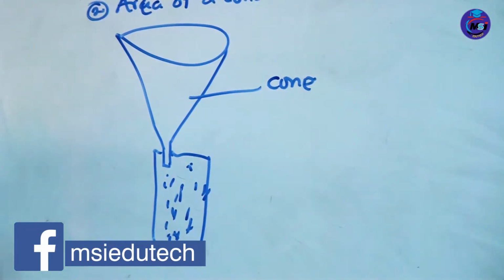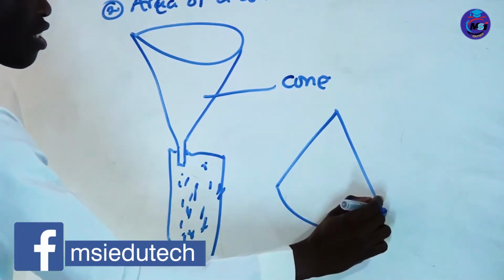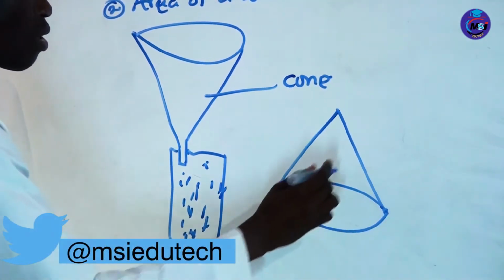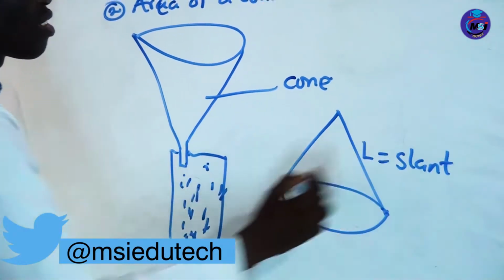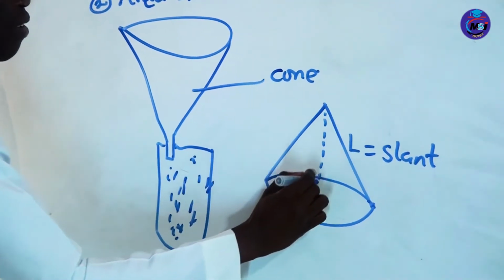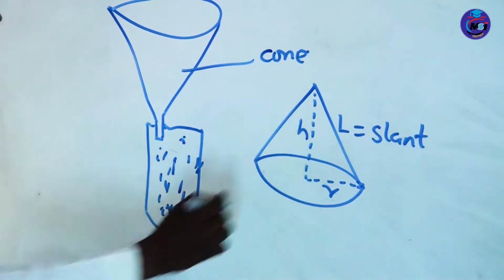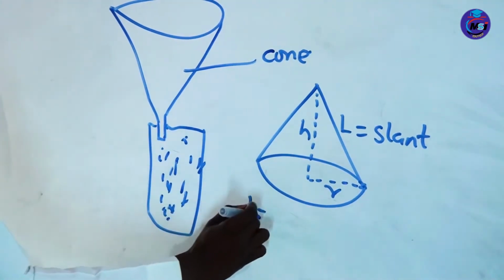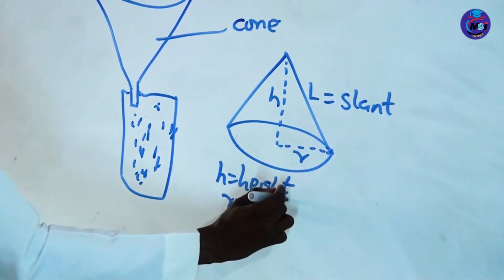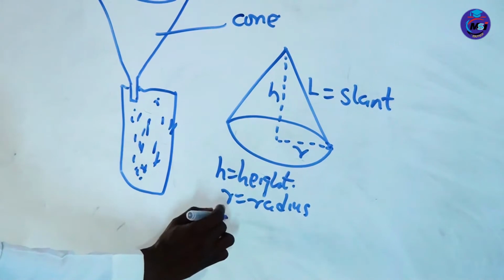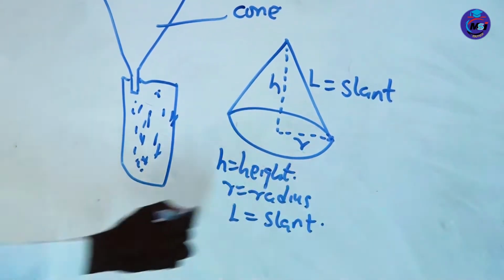In a cone, it could also be like this, we have L, which is called slant, we have radius, and we have height. So H is height, R is radius, and L is called slant.